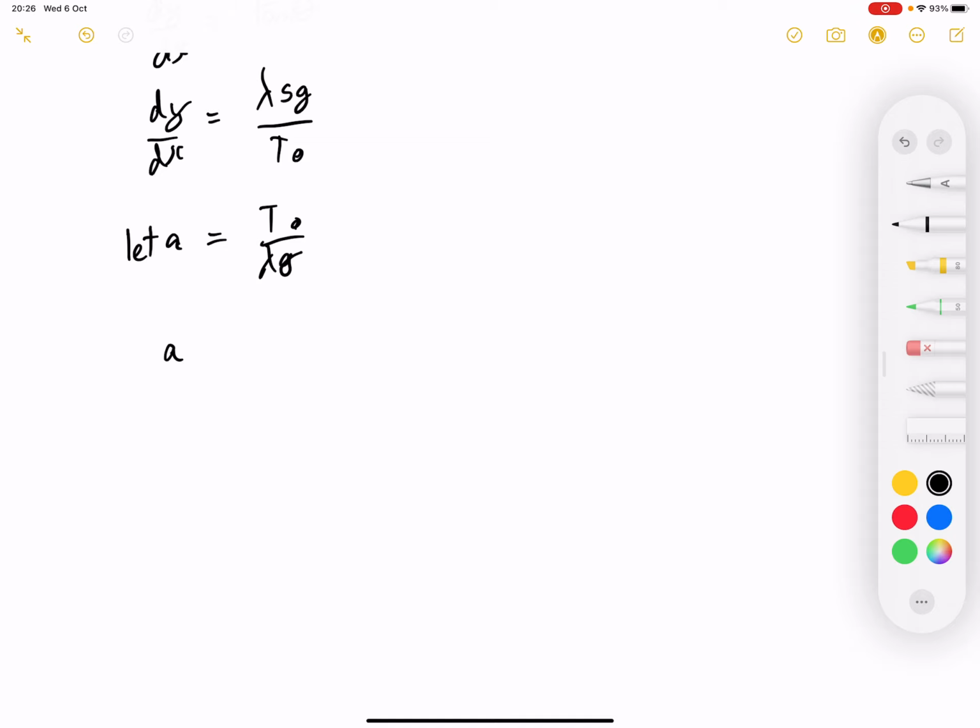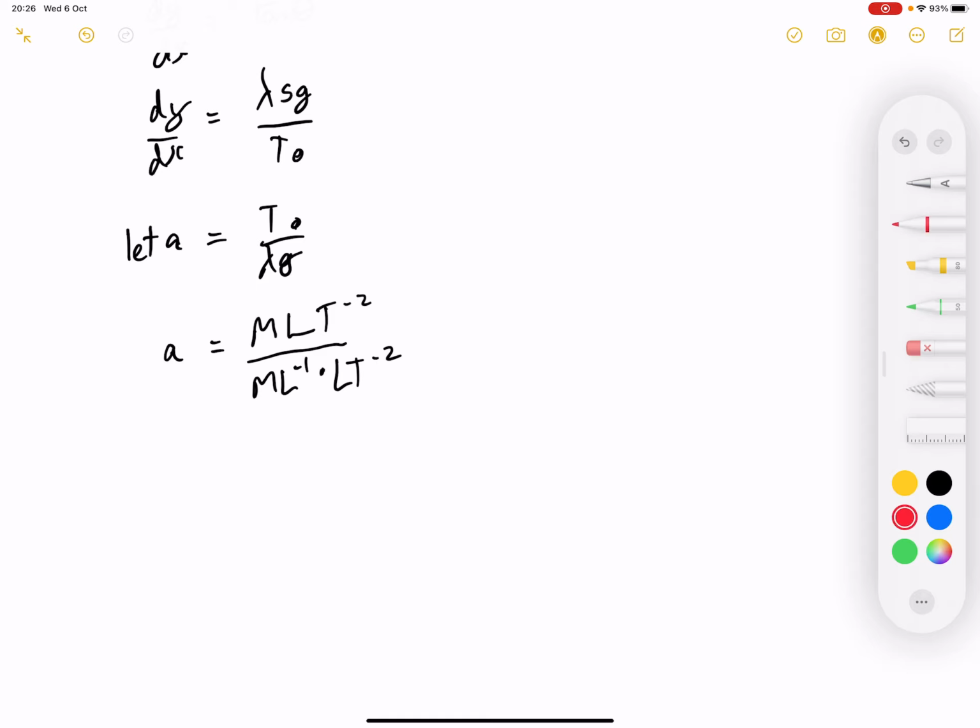So, by dimensional analysis, A is equal to T naught, which is a force, so F equals ma, so it's going to have units mass times length times T to the minus 2, divided by lambda, which is mass per unit length, times g, which is another acceleration, T to the minus 2.